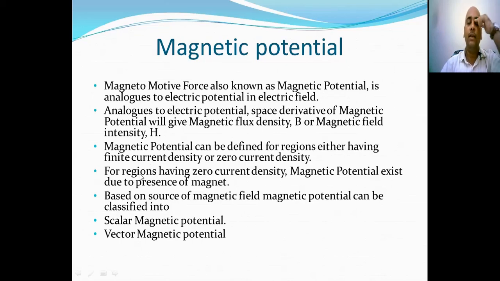For regions having zero current density, magnetic potential exists due to the presence of a magnet. Based on the source of the magnetic field, magnetic potential can be classified into two types: one is scalar magnetic potential, the second is vector magnetic potential.